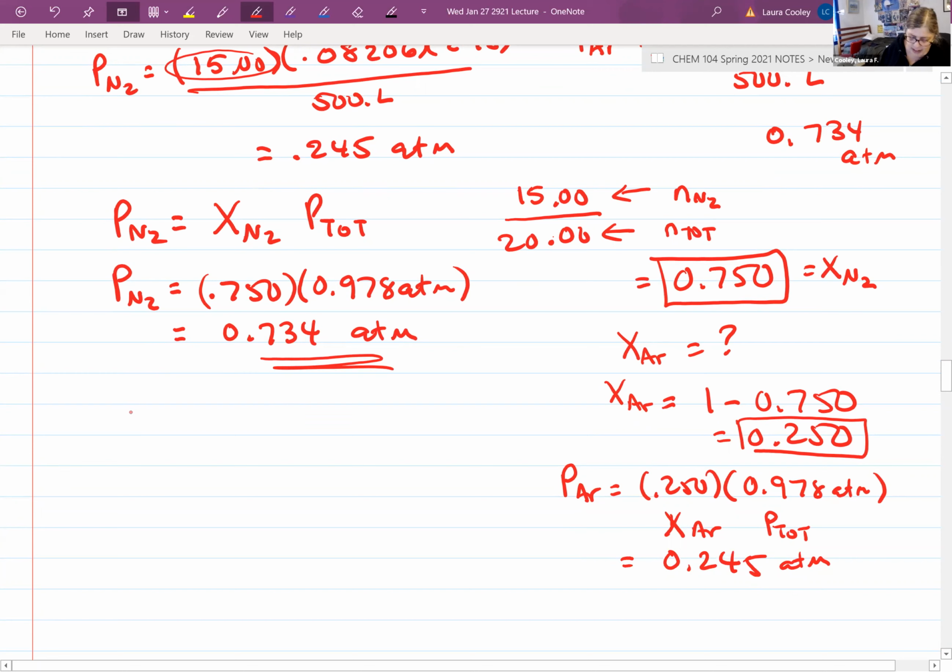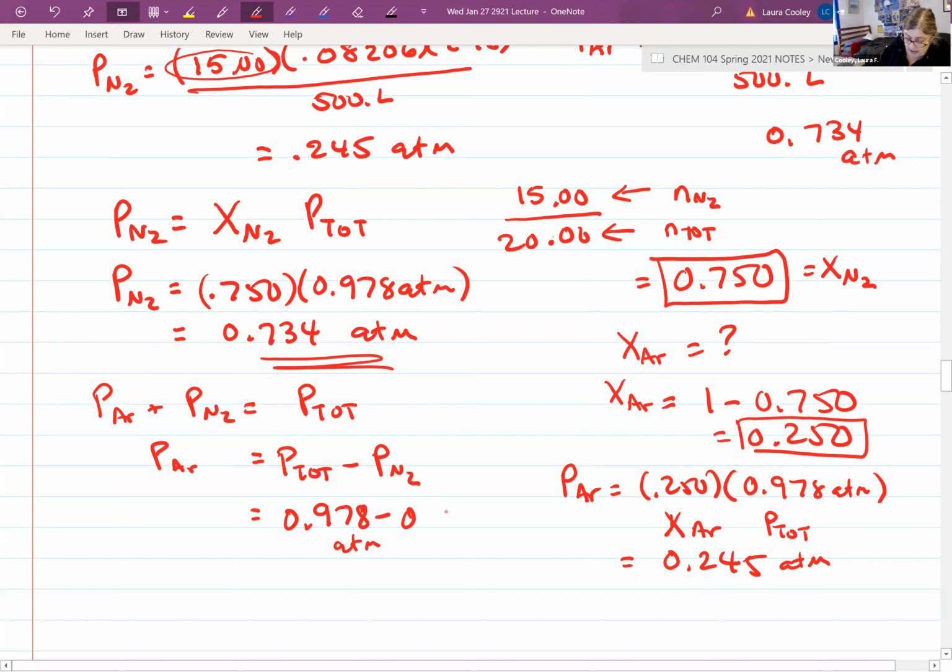I could use the fact that the sum of the partial pressures equals the total pressure, right? So that means that P total minus P N2 is P argon. So I could have done 0.978 minus 0.734 and gotten 0.245.